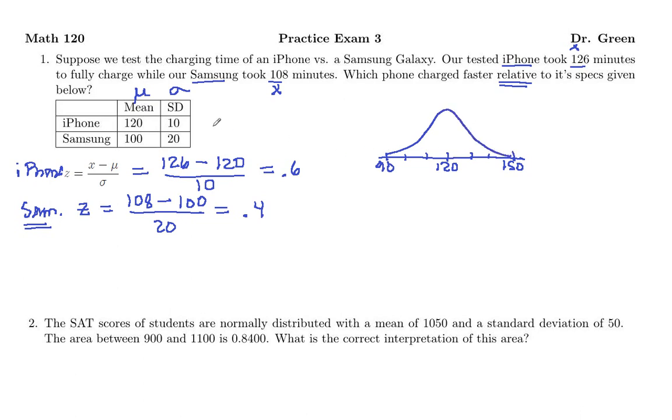The individual charging time was the 126, which would be somewhere in here, and that corresponds to the z-score of 0.6. So this is 0.6 standard deviations above the mean.